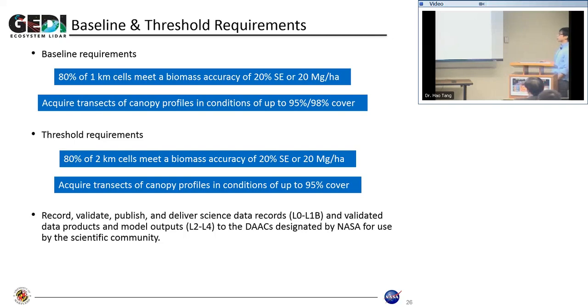We also have a threshold requirement which lowers the baseline requirements a little bit. We're also going to record, validate, and push all the data through the NASA DAAC. I believe levels 1 and 2 are going to be at Oak Ridge, and levels 3 and 4 are going to be at the LP DAAC. I can verify this later, but it's a general idea.